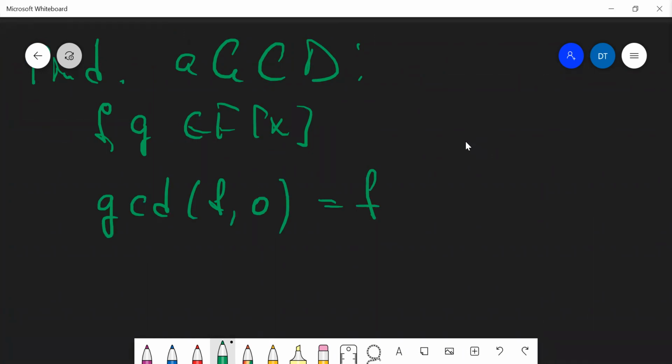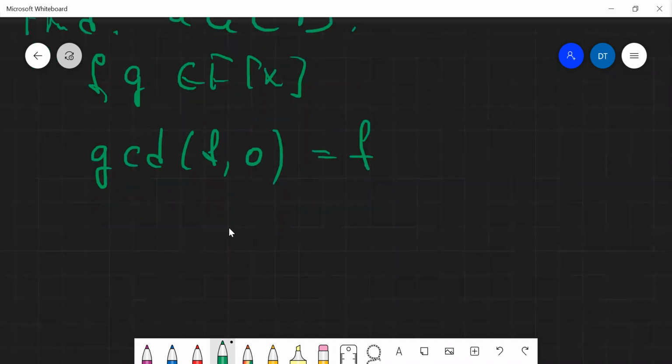If you go to the definition and think for a couple of seconds, you will see that f is the polynomial satisfying the definition, because what is the set of all divisors for f and 0?